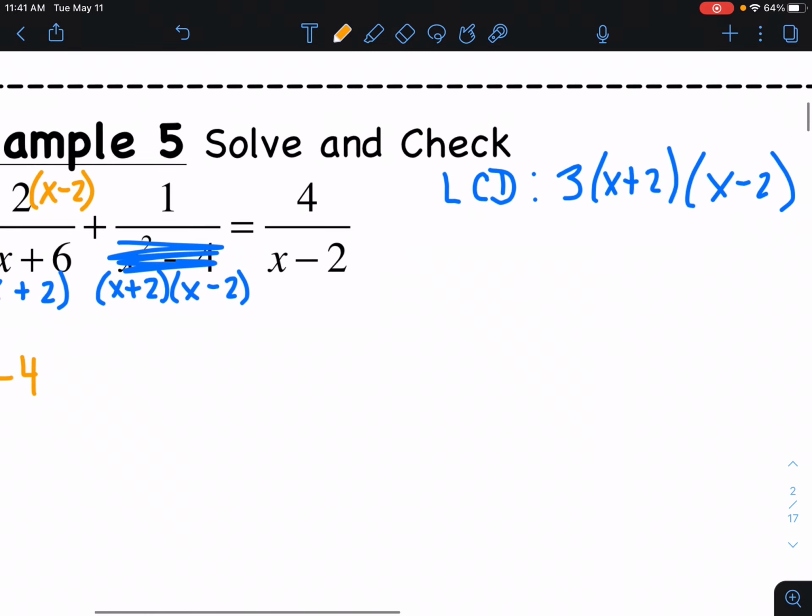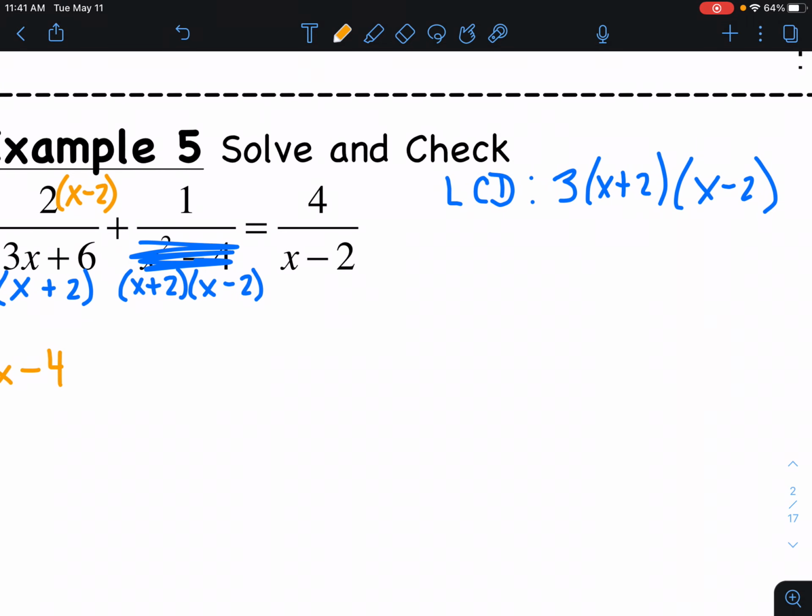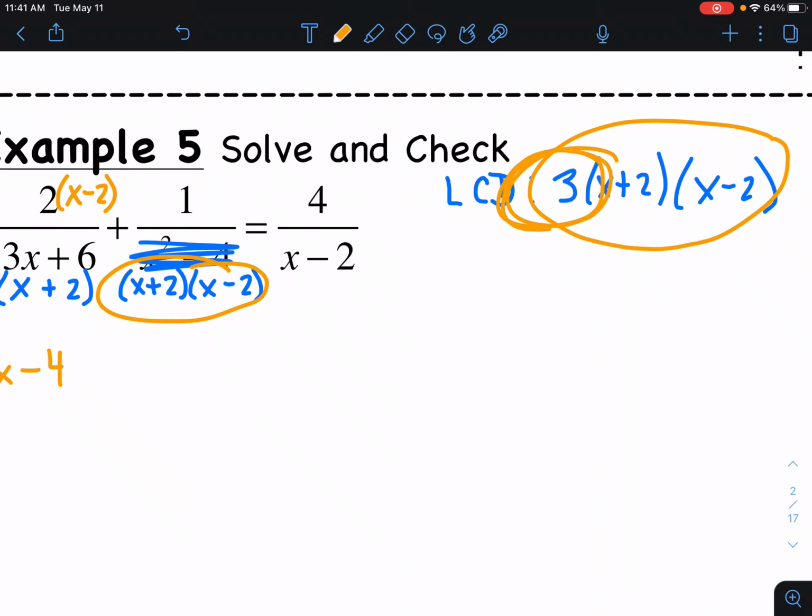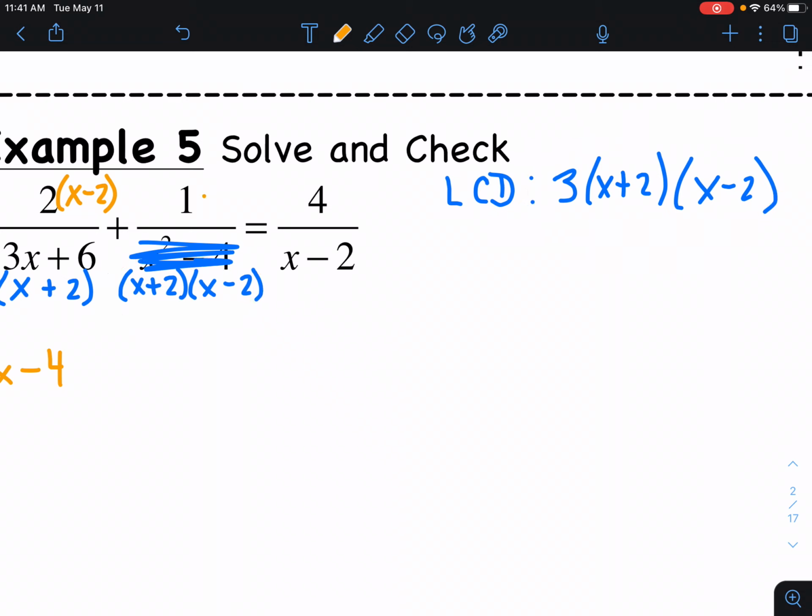Okay, now we're going to look at the second one. The first fraction's done. The second one with the 1 on top, we look, what does the LCD have that this doesn't? The only thing missing is the 3. So the 1 in the numerator is going to multiply by the missing 3. So 1 times 3 is 3.